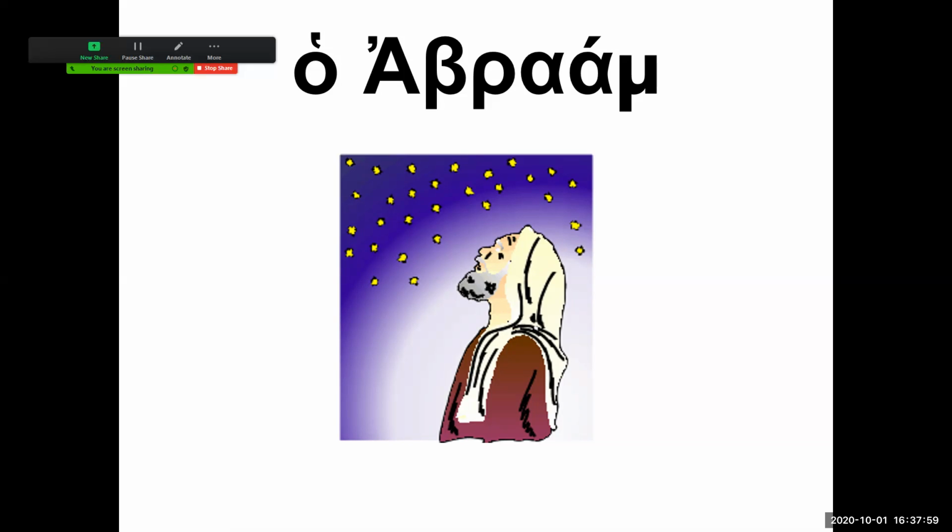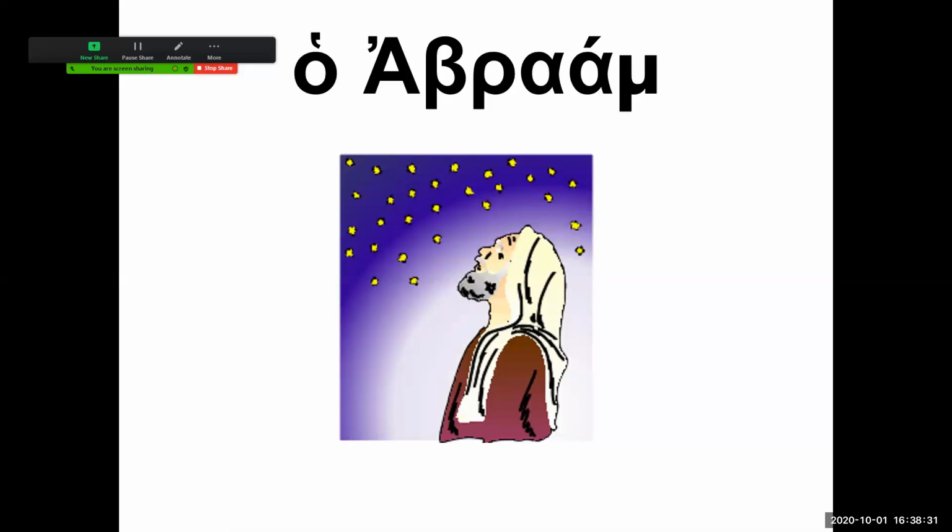And I lived in Germany for many years, so sometimes my German grammar may come through accidentally. Then we'll talk about the Abraham, meaning a certain man named Abraham. But in English, we don't do that. We just say Abraham. But in Greek, we need to remember the article because it's often used in the Greek text. Ho is the article, the masculine article.